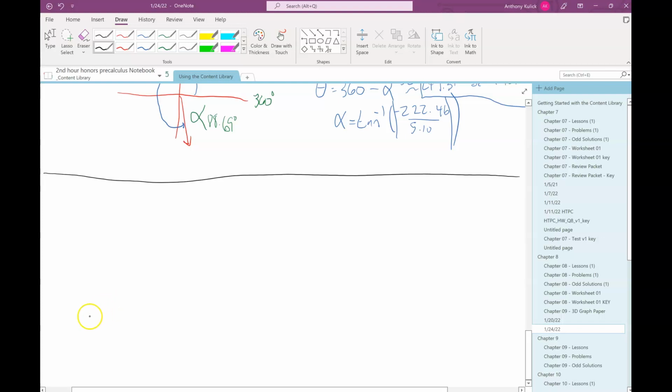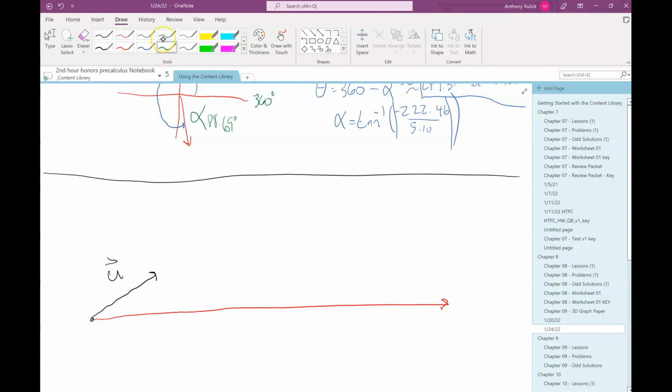So let's say we have some vector u, and then some other bigger vector v. What we'd want to do here is we'd like to be able to project an image of vector u down onto vector v.